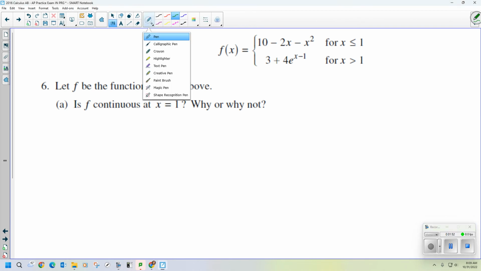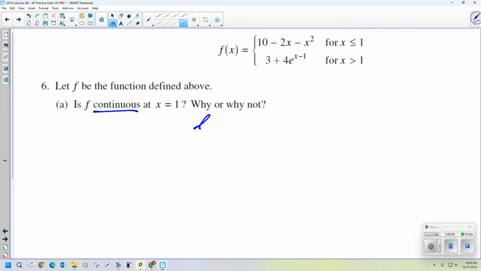Let's get started here. First of all, in order to figure out if something's continuous, the limit as x approaches 1, because that's what they're asking, of my function needs to equal f of 1, the actual coordinate.